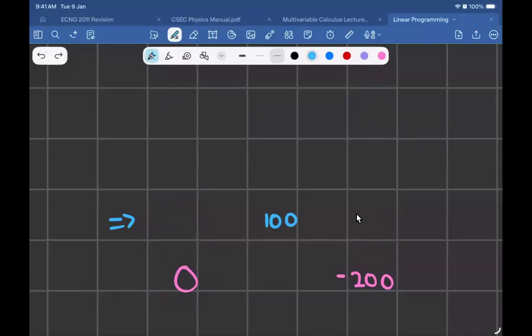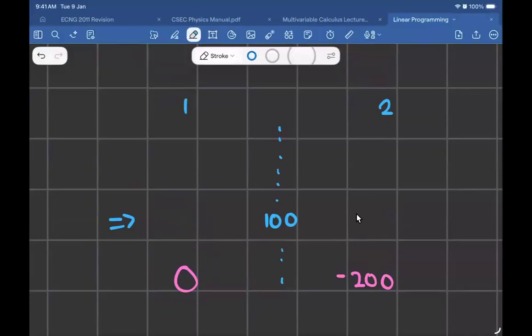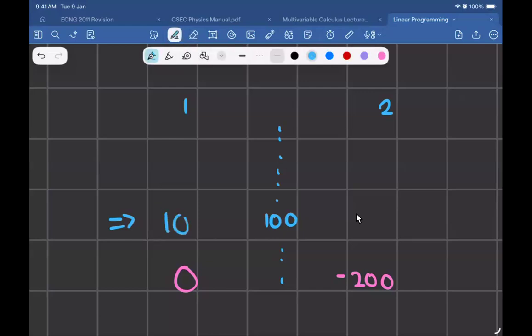Look at this as two separate accounts: this is account one and this is account two. If you had $0 and you put in $100, what would be the new balance? It would be 100.